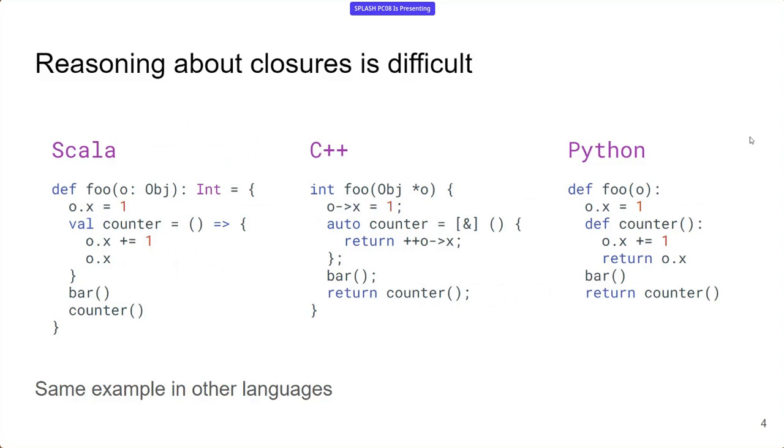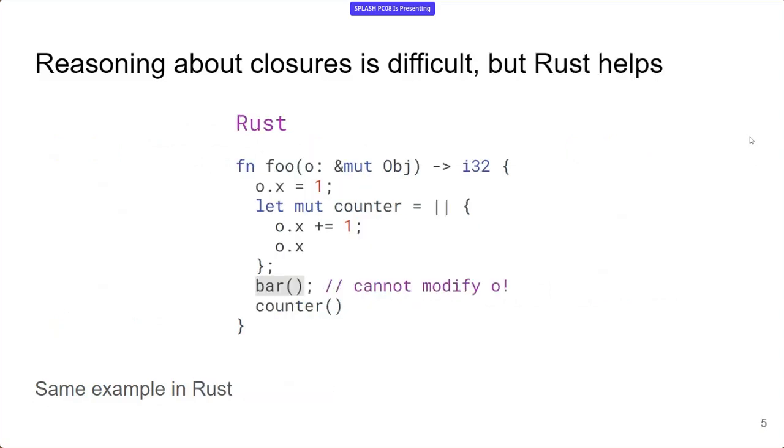And so Rust helps us a little bit here. If I want to do the same thing here in Rust, if you are not familiar with the syntax, believe me that it does the same thing. This bar call here cannot actually modify the object O. And I can inline this call this way.